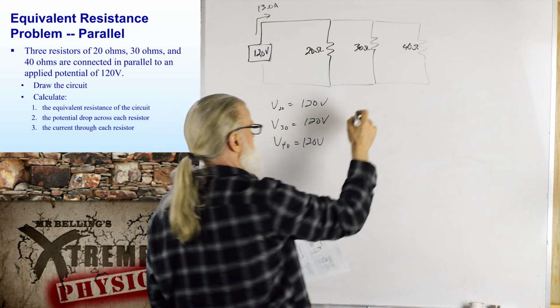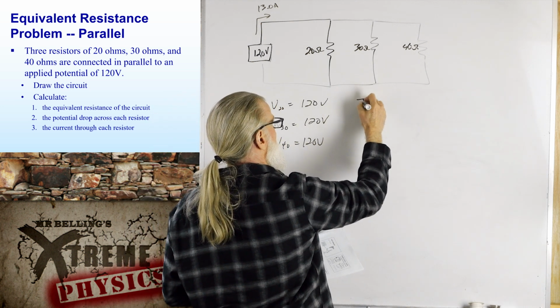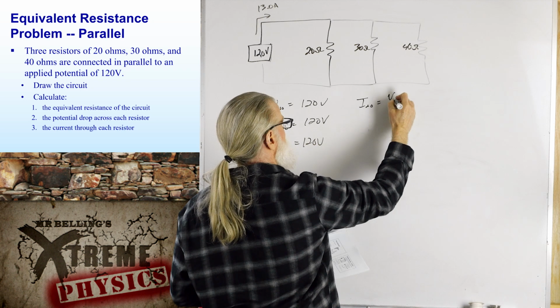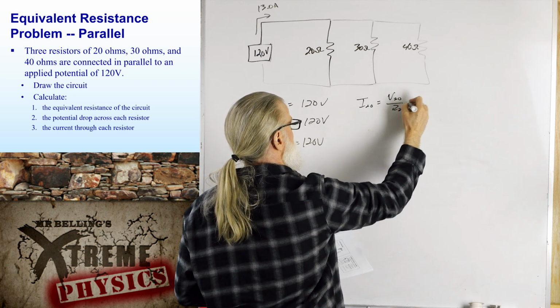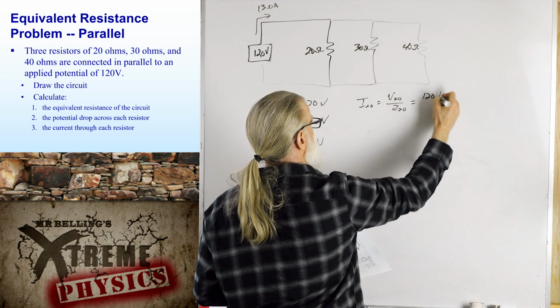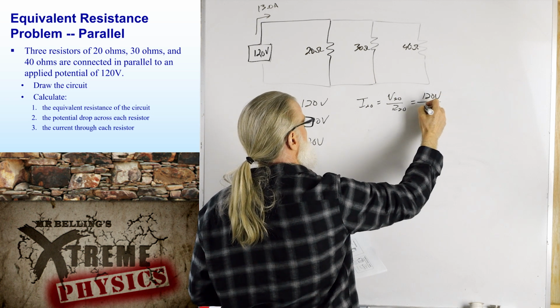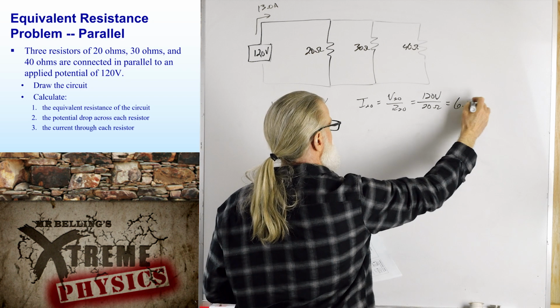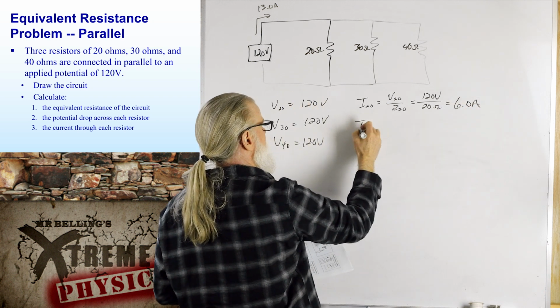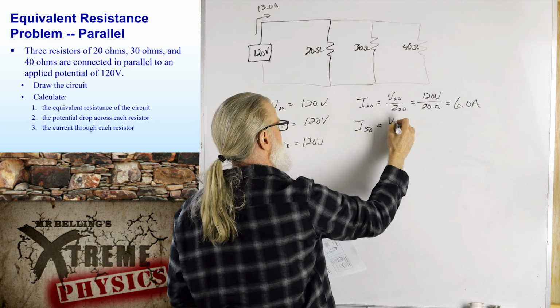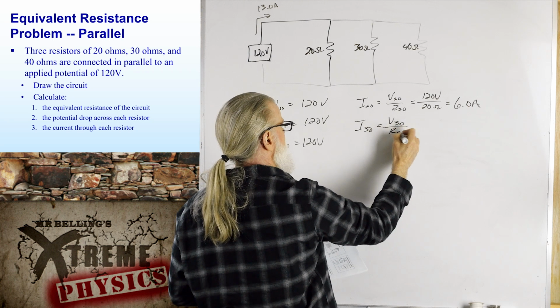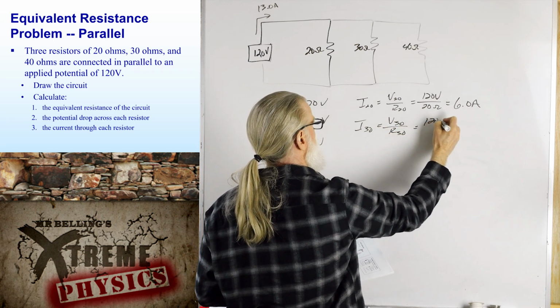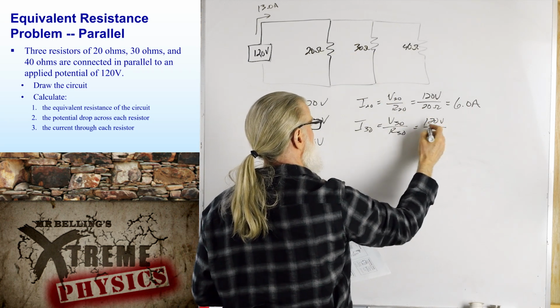All right, so the current should be easy enough to do. I20 equals V20 over R20, which is 120 volts divided by 20 ohms. 12 divided by 2 sounds like 6 amps. I30 is V30 over R30. V30 is 120 volts, voltage across that one.